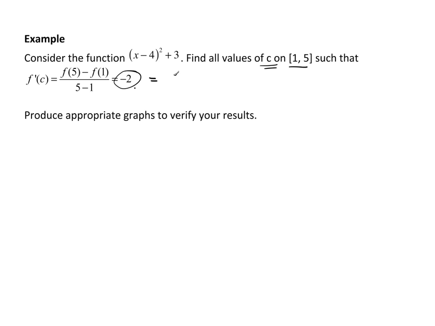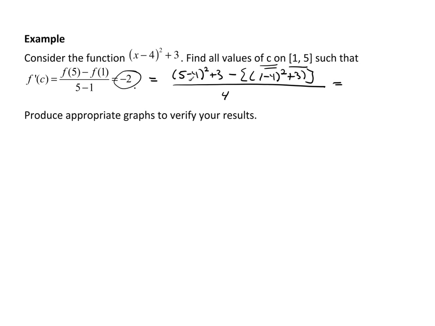because f of 5 is going to be (5 minus 4) squared plus 3, minus f of 1, which is (1 minus 4) squared plus 3, all over 5 minus 1, which is obviously 4.